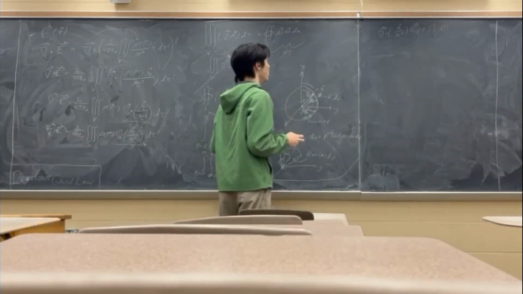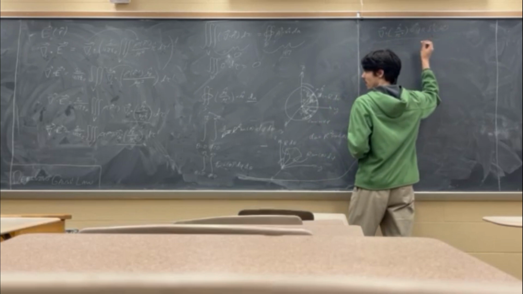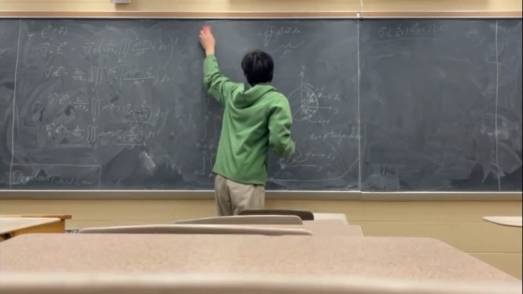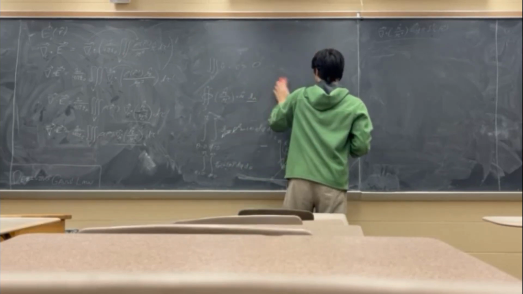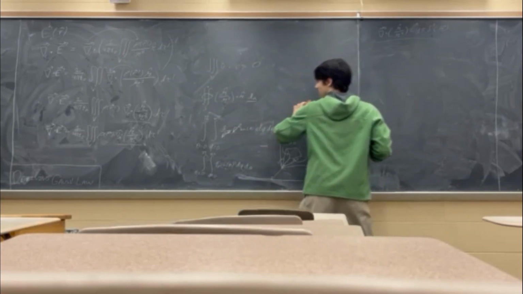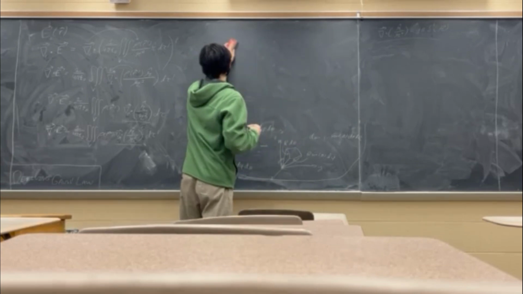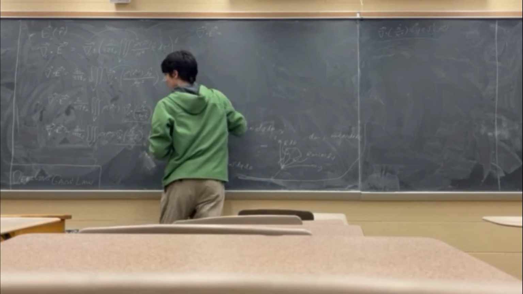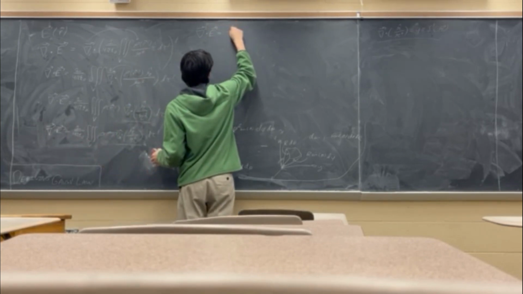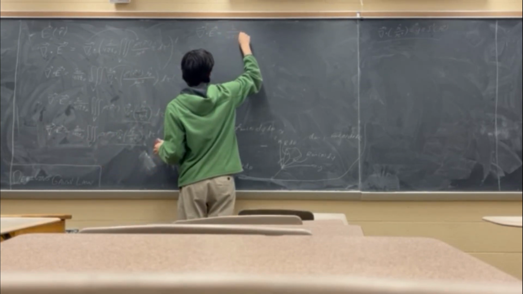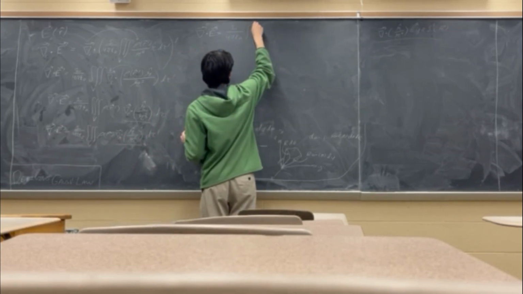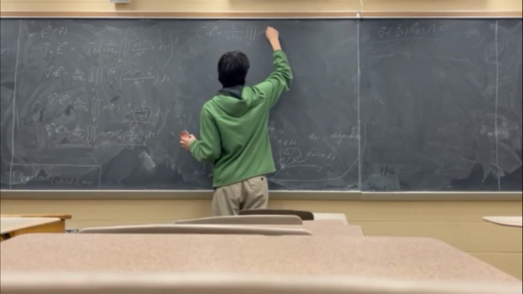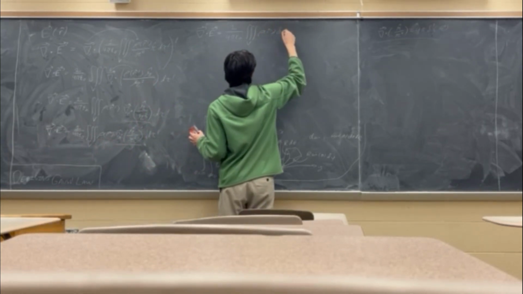So now that we know this divergence here, let's plug this back into the divergence of the electric field, into the equation we have with that. We have that the divergence of E is equal to 1 over 4 pi epsilon naught times the volume integral of rho of r prime.